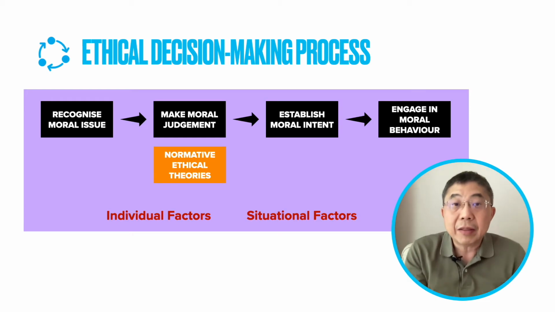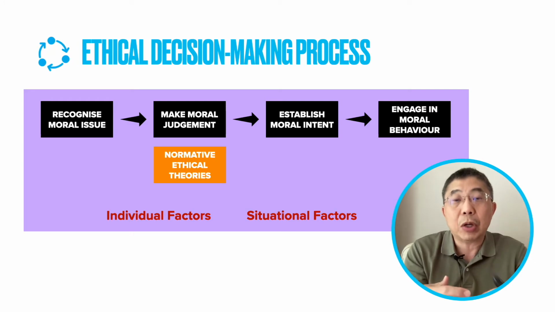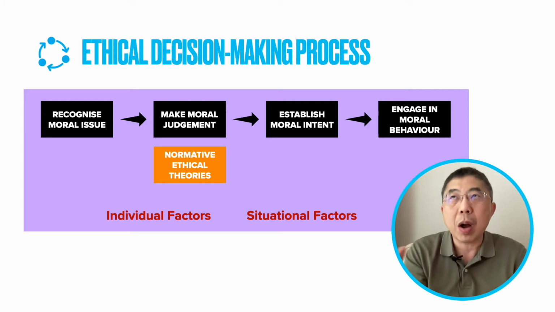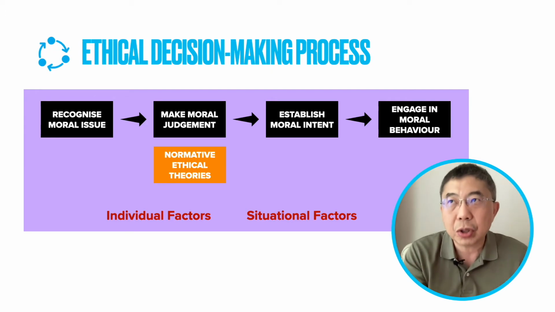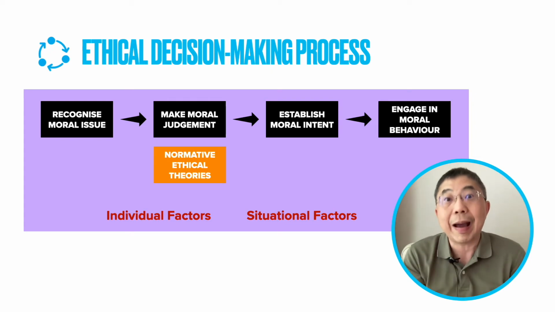So another group of factors that may influence the decision process would be what we call situational factors. Our environment, our workplace, the culture that we are in could also influence the way we decide things.